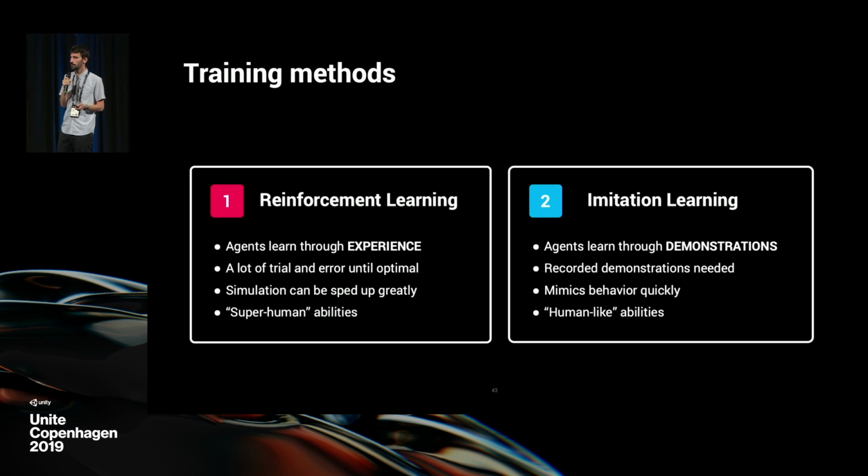This means it can go pretty fast because the agent doesn't need to learn that presents are good and that cars are bad. It just needs to imitate whatever the human has been doing, because there is a much stronger signal here. It's much easier and faster to learn from mimicking a behavior. The issue is that you will get more human-like abilities because you're just imitating a human. You're never going to get better than the human that showed you how to play the game.